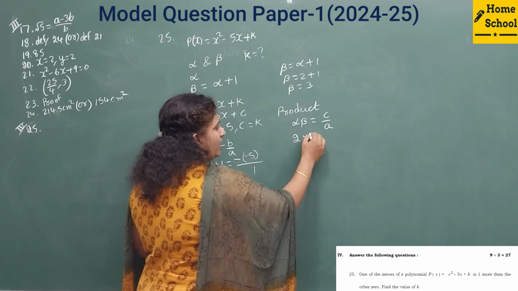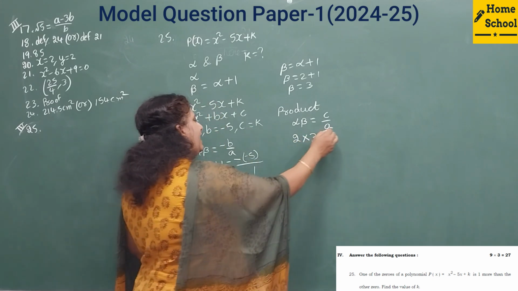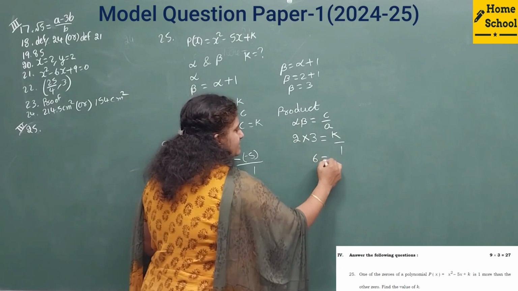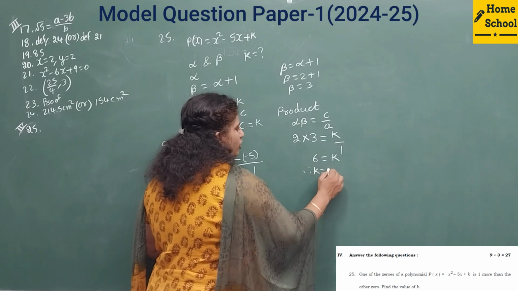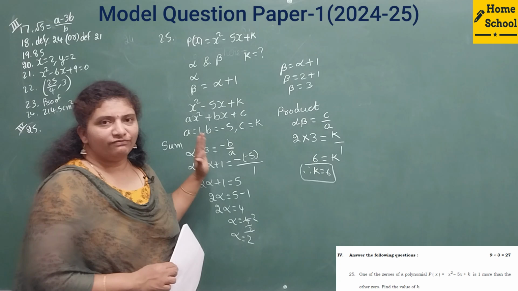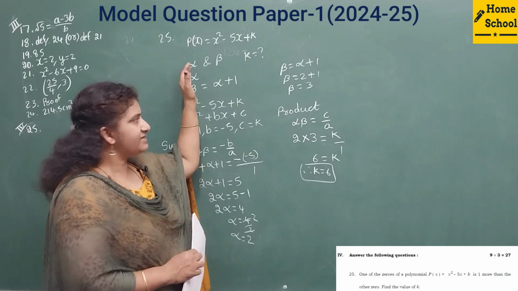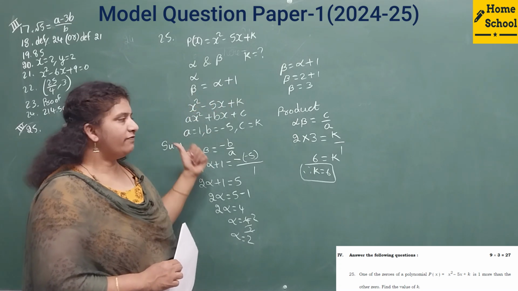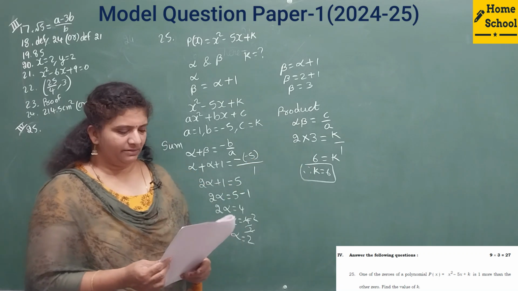Alpha value is 2 and beta value is 3 is equal to c value is k, a value is 1. 2 3s are 6 is equal to k by 1 is k. Therefore, k is equal to 6. That's it. Don't be confused. 2 zeros understand properly. 1 zero as it is you take. Another zero is 1 more than the other. Now find sum of zeros, product of zeros. You are going to get the value of k.